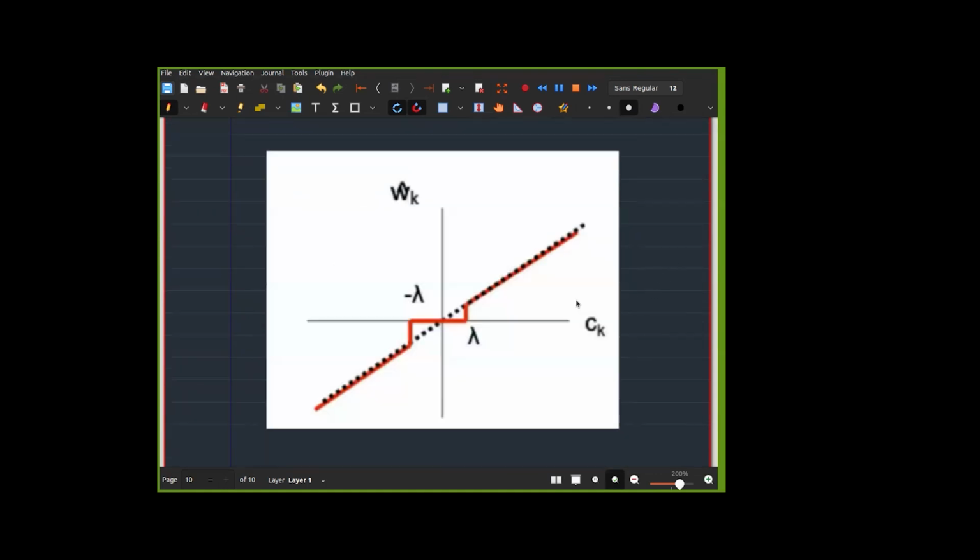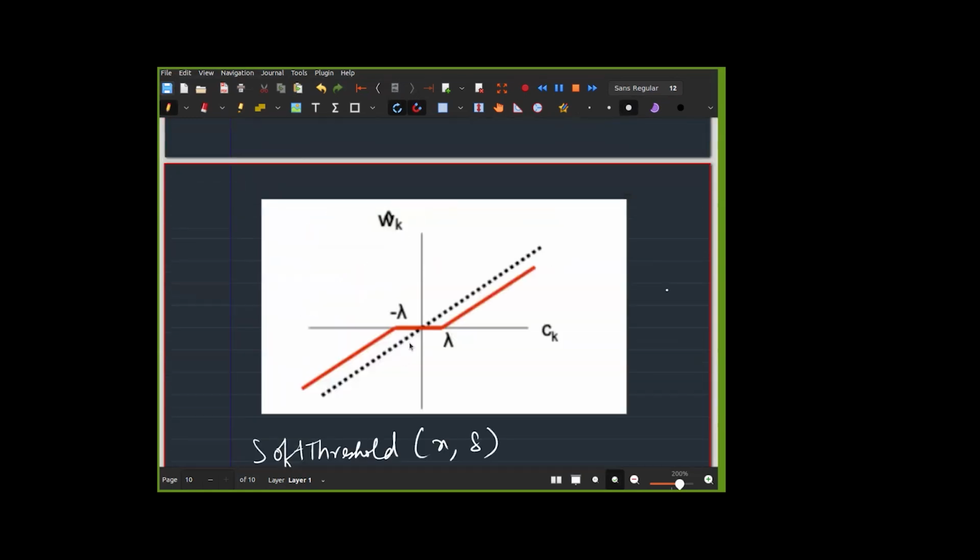There's also something called hard thresholding, where if CD is between minus lambda and lambda, we make it zero, and if it's outside this range, then we don't change it at all. Versus if I look at soft thresholding, you'll see that we are actually making it smaller.